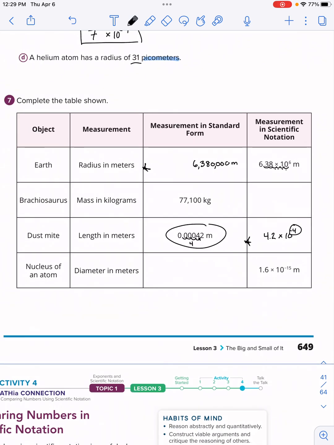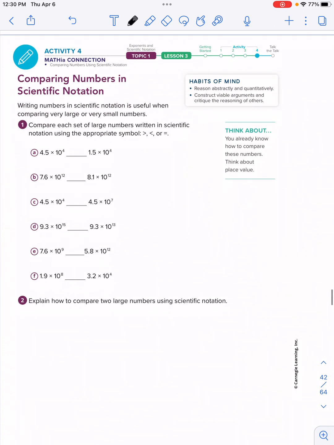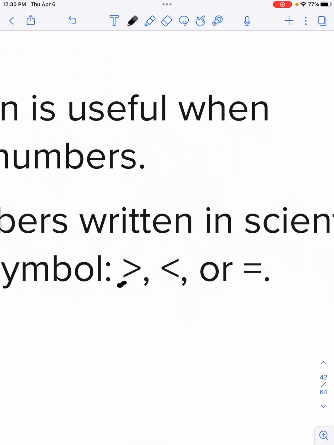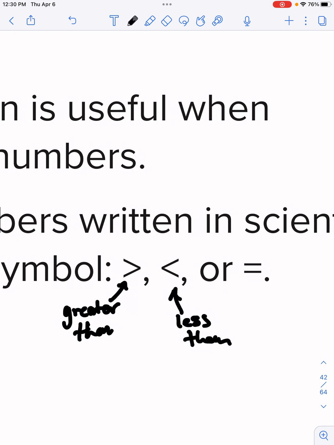All right, moving to 650. Okay, so 650, we are comparing various numbers using either, we can't confuse these, this is greater than, this is less than, and we're already familiar with equal to.